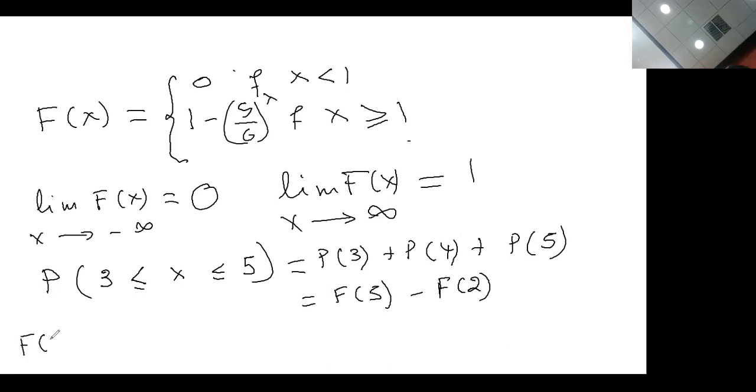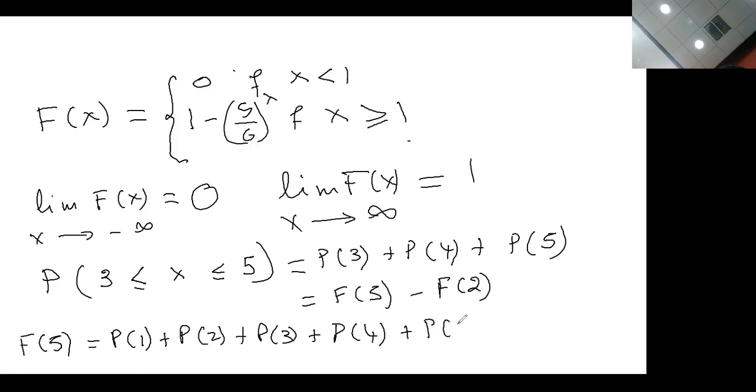Because f of 5 is P of 1 plus P of 2 plus P of 3 plus P of 4 plus P of 5. This is f of 5. And f of 2 is this 2.